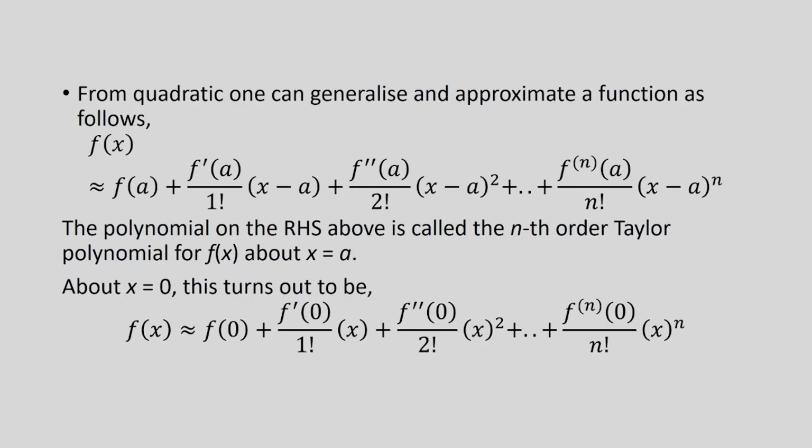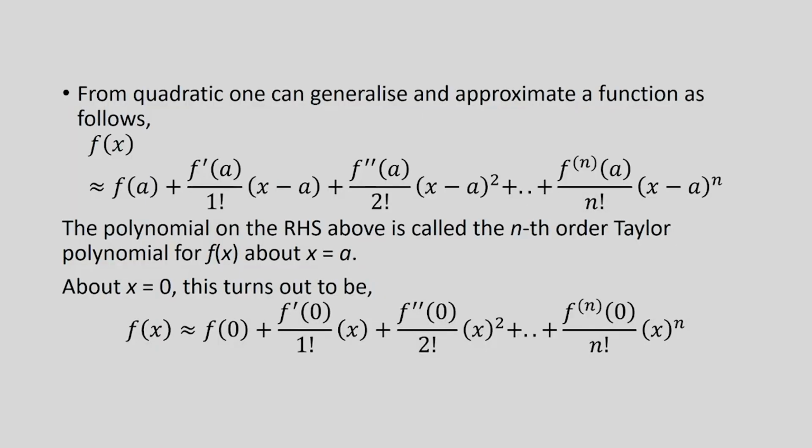Okay, now we have discussed quadratic approximation. Now one can generalize more and approximate a function as follows: f(x) is equal to f of a plus f prime of a divided by factorial of 1, multiplied by x minus a, plus f double prime of a divided by factorial of 2, multiplied by x minus a whole square, plus dot dot dot.